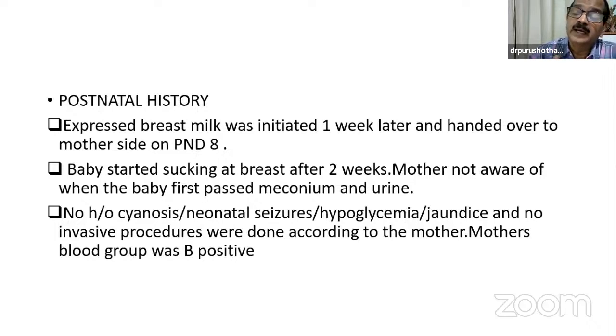And a few more insults which may be contributing to that. Not only the insult happening during the delivery, asphyxia problems, but also later complications like hypoglycemia, like neonatal infections. Another thing, neonatal jaundice. You mentioned the jaundice part. IVH, yes. So there can be more than one insult.